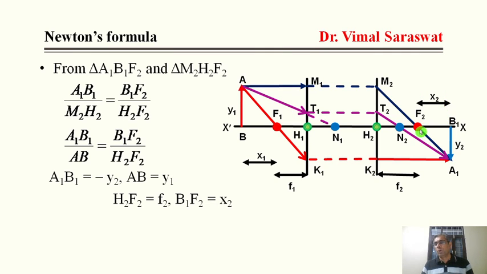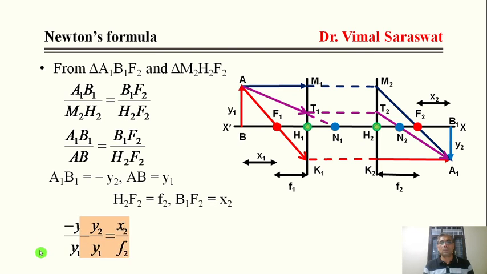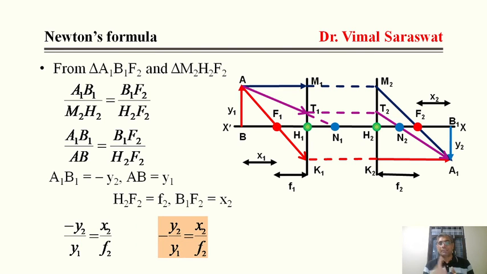Now on substituting these values in this equation, we get minus y2 upon y1 is equal to x2 upon f2.